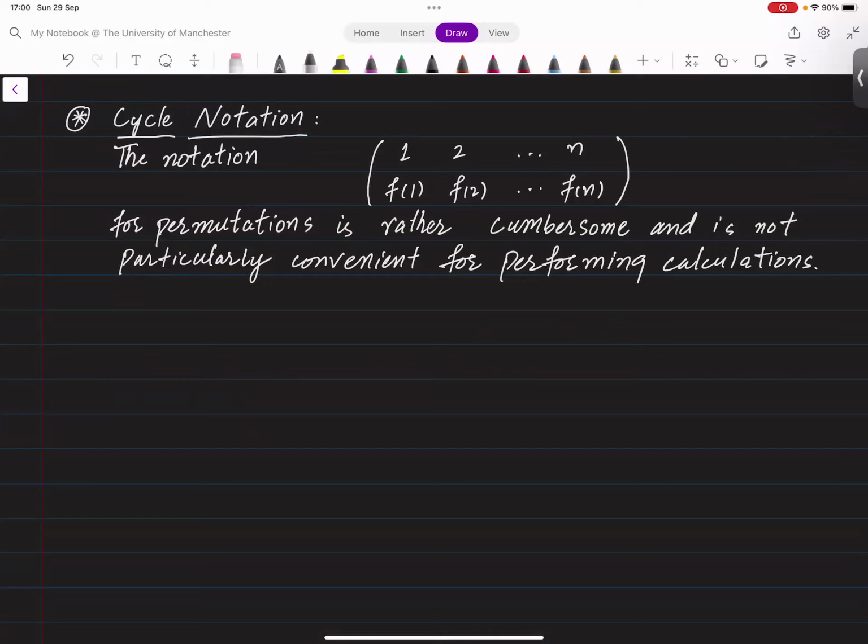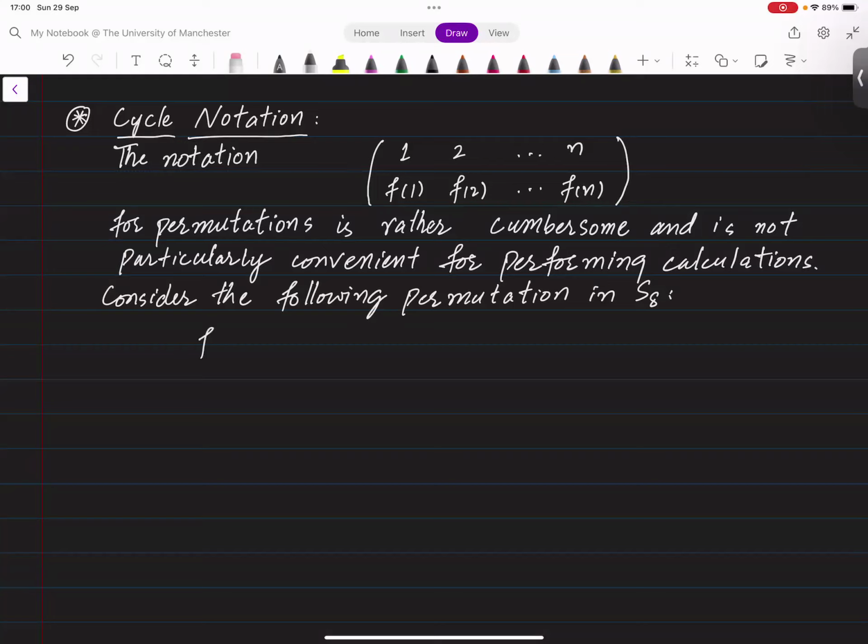So let's consider the following permutation in S8, the set which has 8 elements, where Sn stores all the permutations for that set.